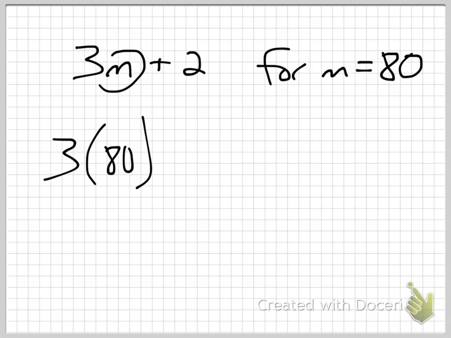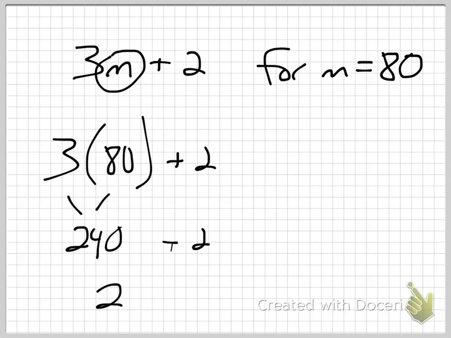Notice I just replaced the m with the number that it's equal to in parentheses. It's important. Plus 2. 3 times 80 is 240. Plus 2 is 242. There's our answer. How many of you got 242?